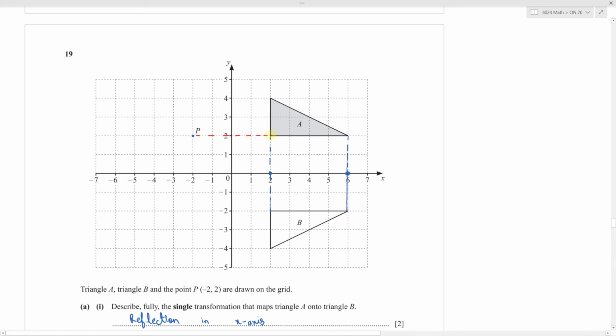Since the scale factor has a negative sign, that means I have to continue on the opposite side of my center of enlargement.